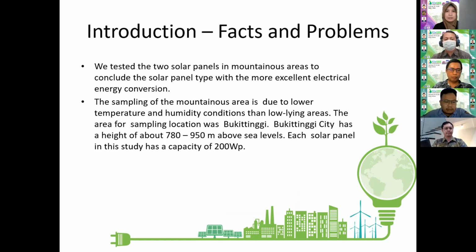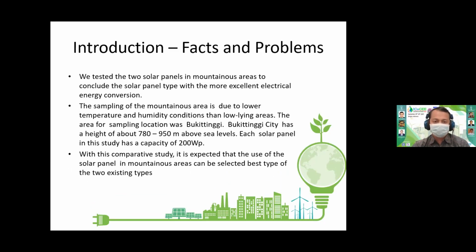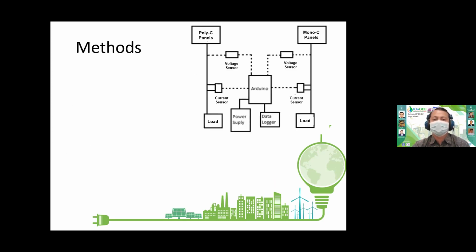The solar panels in this study have a capacity of 200 watt peak. With a comparative study, it is expected that the solar panel for use in a mountain area can be selected as the best of the two existing types. This is the method.